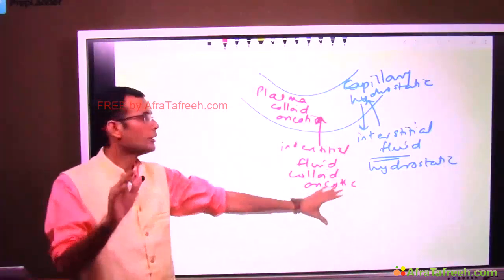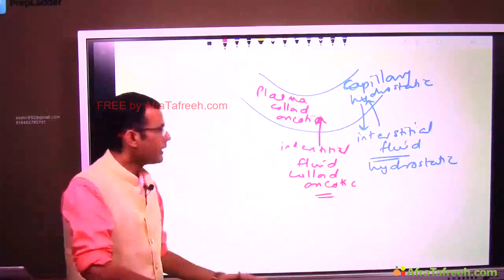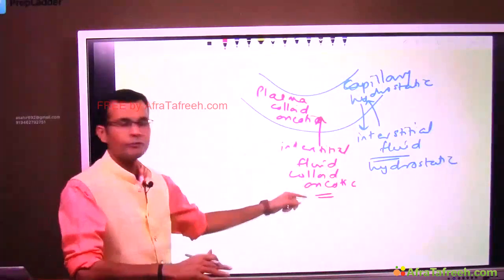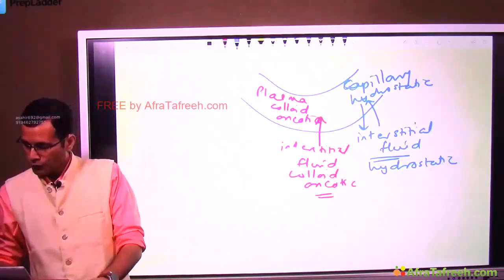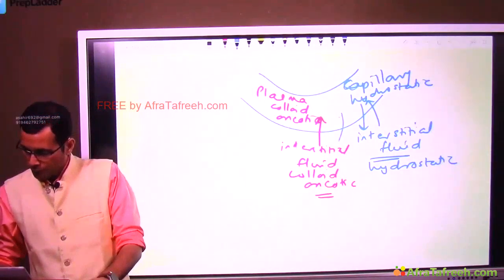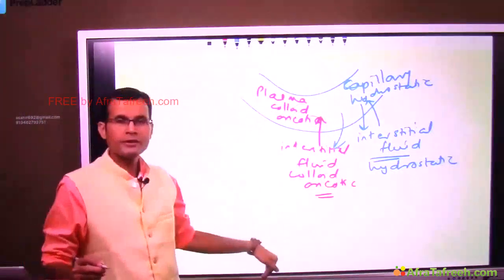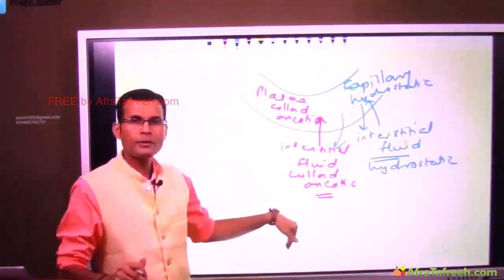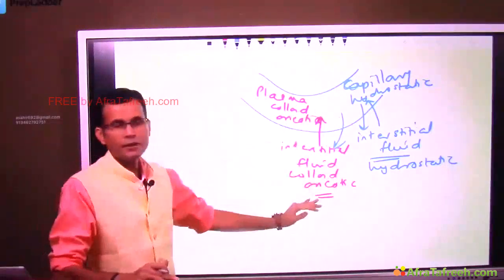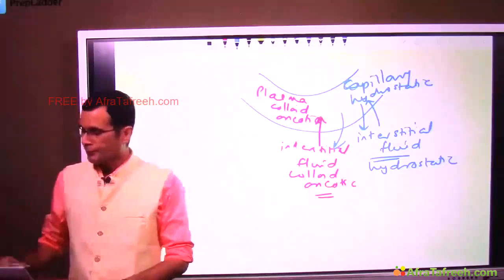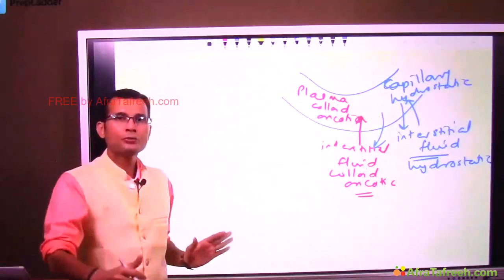Therefore there will be proteins in the interstitial fluid, and they will exert interstitial fluid colloid oncotic pressure, and this force will pull the water towards it by osmosis, meaning out of the capillaries, so it will help in the filtration. This will be an additive factor for filtration. So that was the case in all other tissues.